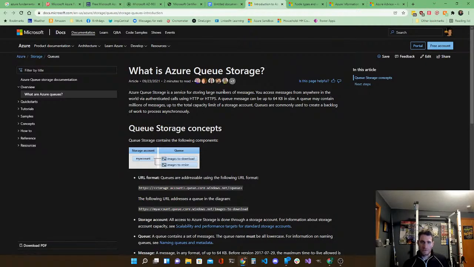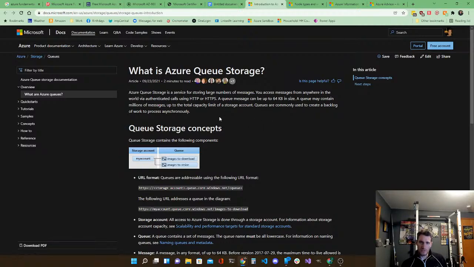Queue Storage is a service for storing a large number of messages. You access messages from anywhere in the world via authentication. I don't know how this is different than a service bus. A queue message can be up to 64 kilobytes in size, and a queue may contain millions of messages, up to the total capacity of the storage account.